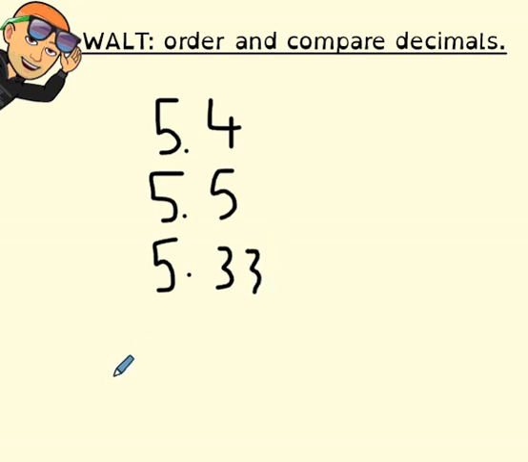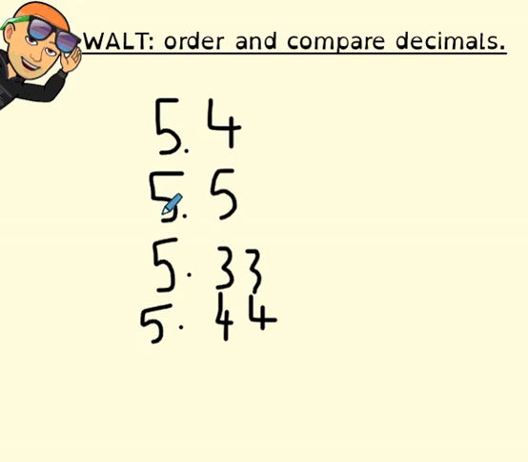If you ever get a list of numbers that you have to put in order, write them out one under the other so you've got all the numbers in a line, in a list almost. So you've got all the ones written underneath each other, you've got all the tenths written underneath each other, and that will help you.